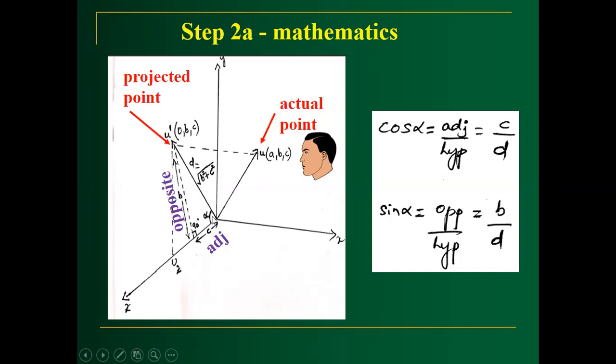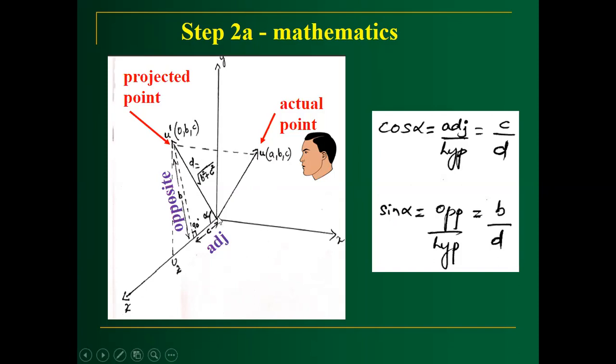If this is alpha, this is 90 degrees. The opposite side is B, because this is 0, B, C. Why is it 0? Because your view is parallel to the x-axis and you are rotating about the x-axis, so A becomes unaffected. So this is your B and this is your C.